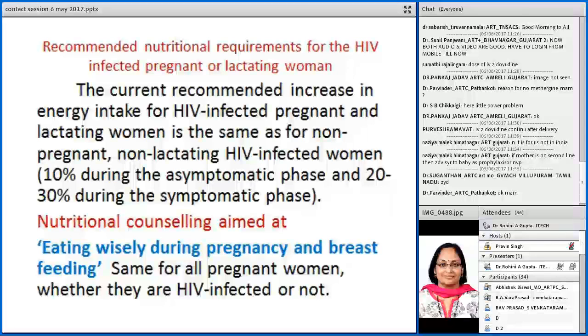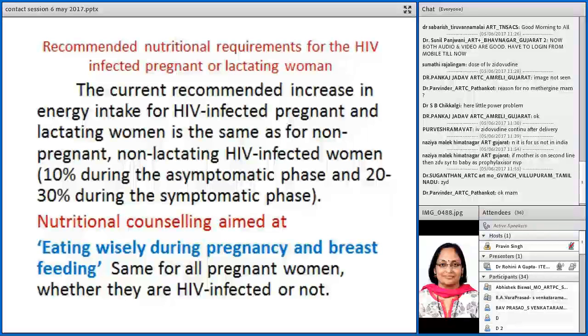Recommended nutritional requirement for HIV infected pregnant or lactating mothers. The current recommendation for increase in energy intake for HIV infected pregnant and lactating women is the same as you would advise for a non-pregnant, non-breastfeeding HIV infected woman, that is 10% more than an uninfected mother during the asymptomatic phase, and if the patient is symptomatic or ill, then 30% more than non-infected mothers.